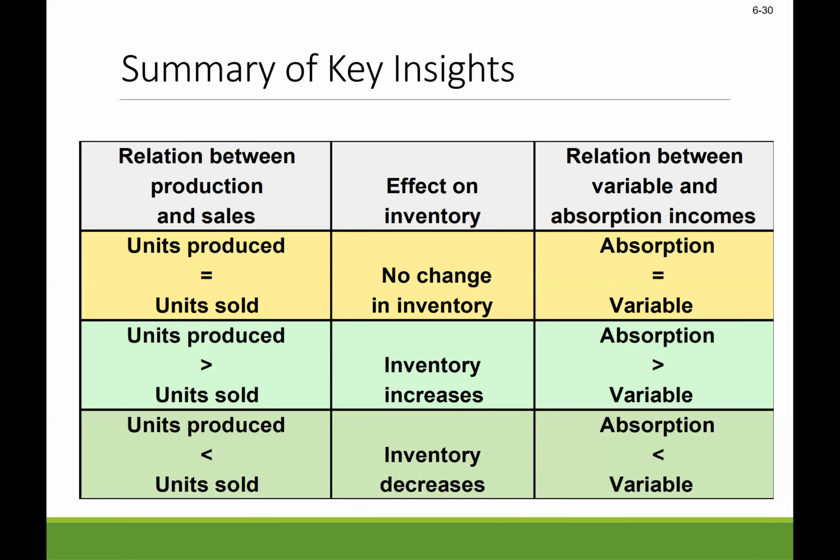Now that they're out, they're being sold in addition to what we produced this period. Absorption is going to result in a lower net income than variable costing will.